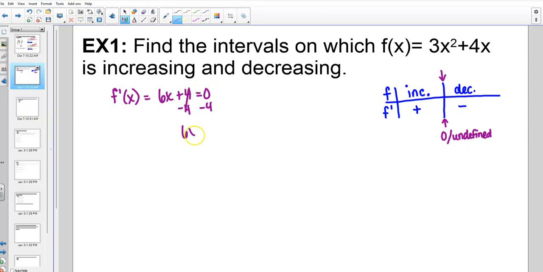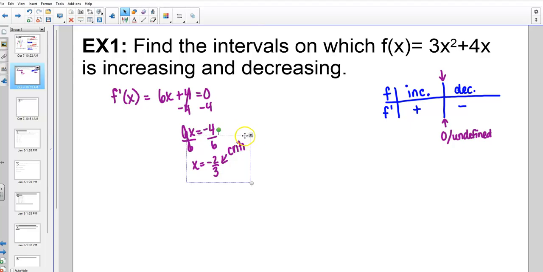I will get 6x equals negative 4. I will divide by 6. So x will equal negative 2/3. That's my critical point.